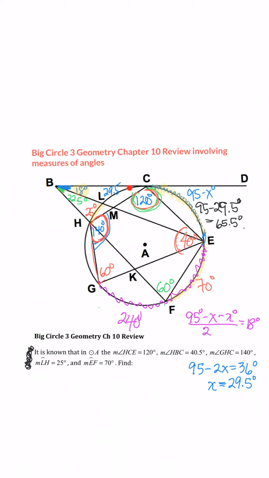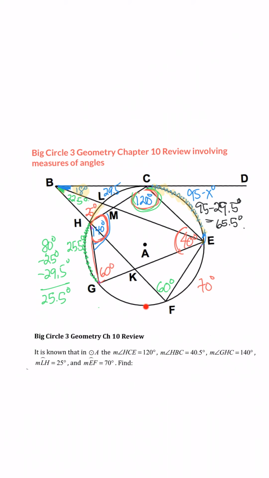This angle is 40 degrees, and it intercepts this big arc here, arc GC. Therefore, arc GC is 80 degrees. So 80 degrees minus 25 degrees minus 29.5 degrees is equal to 25.5 degrees. That makes arc HG equal to 25.5 degrees.